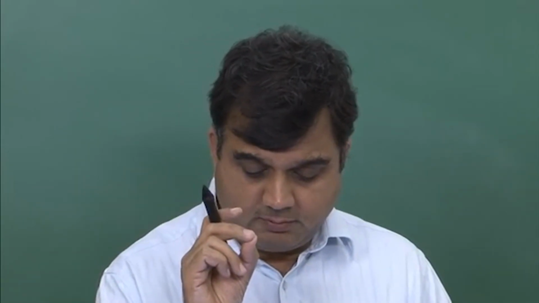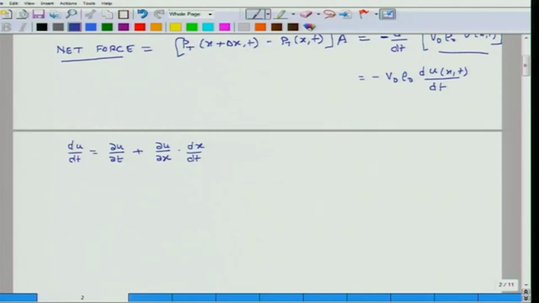So, the rate of change of this position with respect to time is nothing but velocity. So, this I can again express as del u over del t plus del u over del x times u. Okay. So, I will number this equation as equation 1.